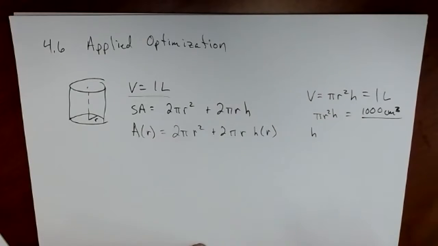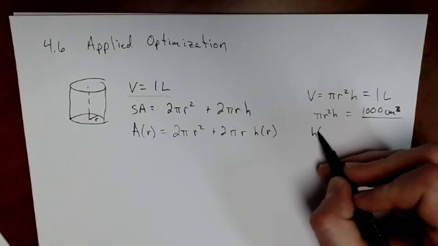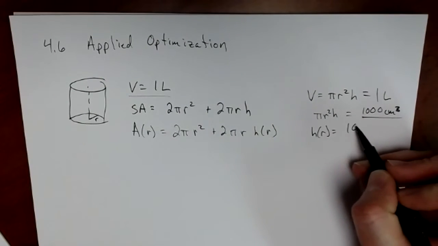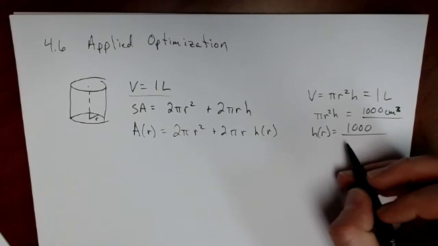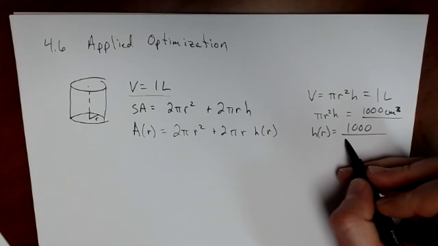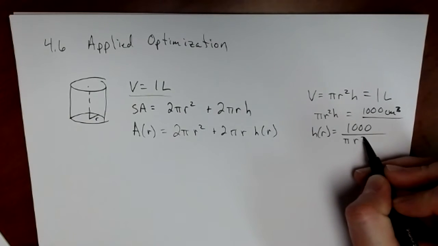So h, as a function of r, is going to be equal to 1,000 divided by pi r squared.